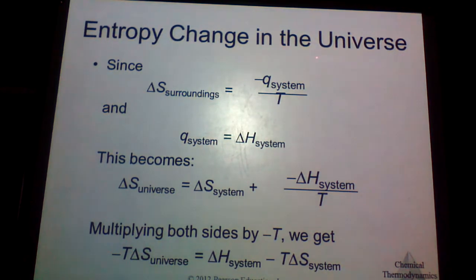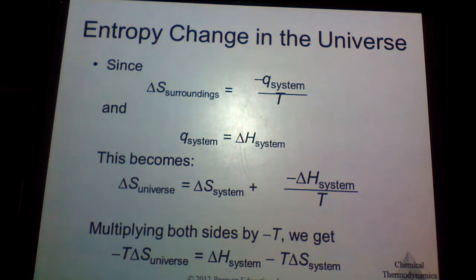Okay, well, we took Clausius's idea of change in entropy of the surroundings is equal to the heat that's lost by the system over temperature. So I'm just taking Clausius's idea of heat released by the system over temperature.